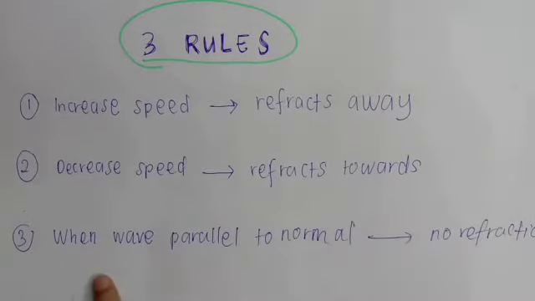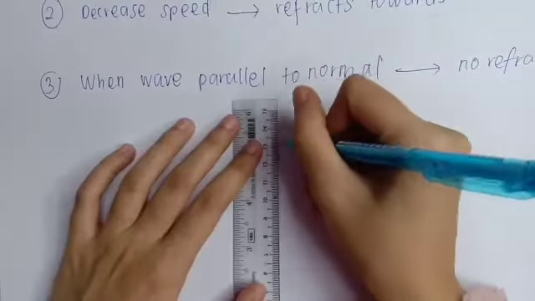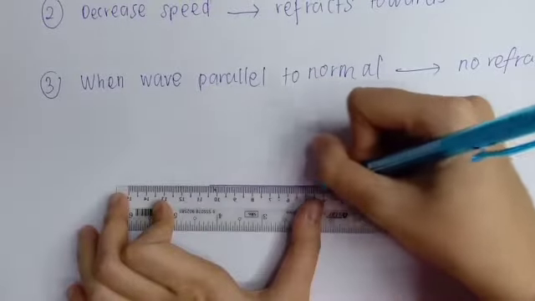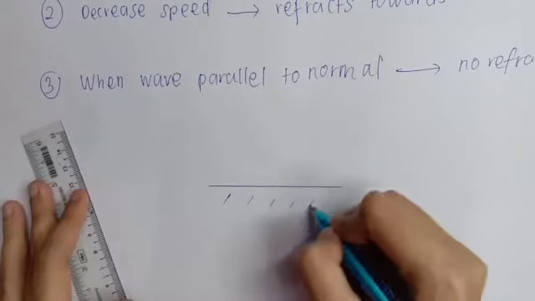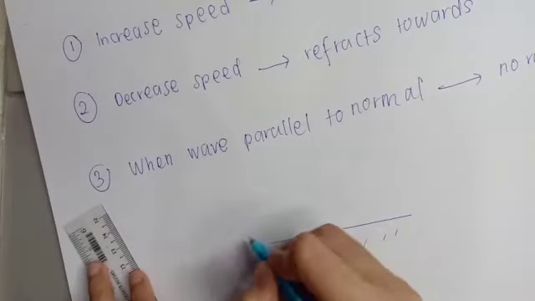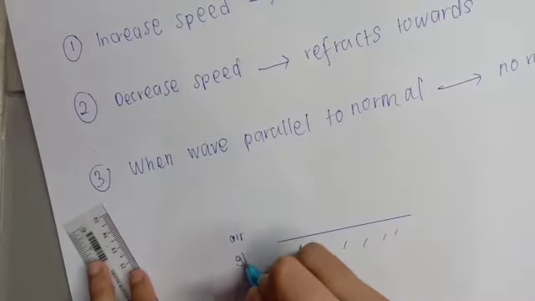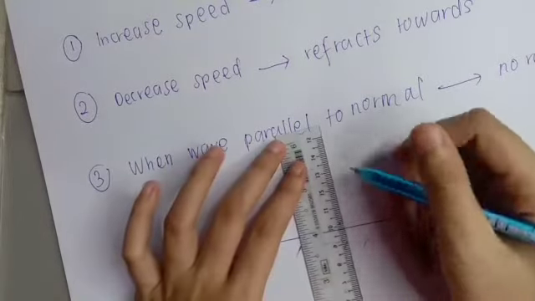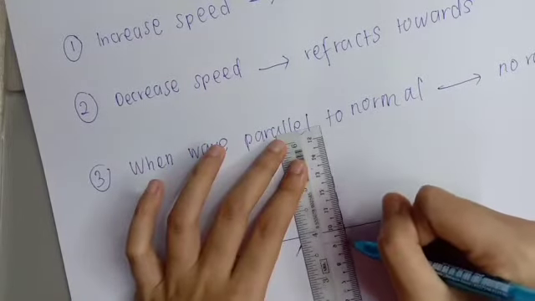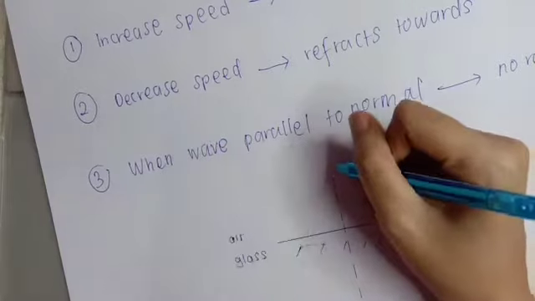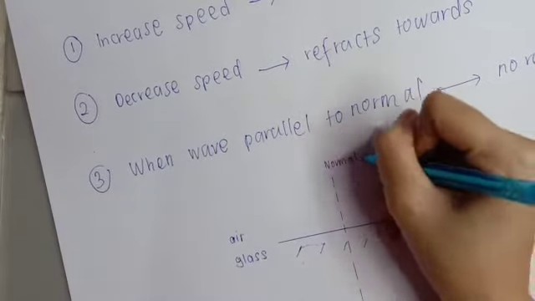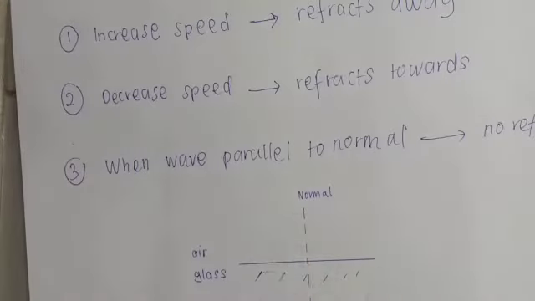And lastly, when the incident ray goes through the material in parallel, there will be no refraction. Okay. So this is normal. Okay.